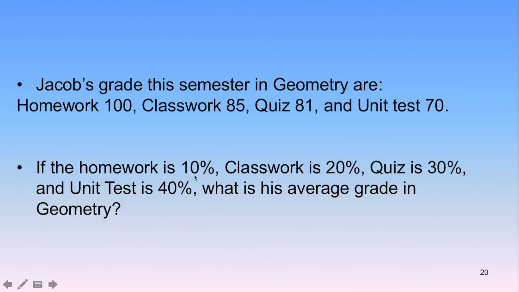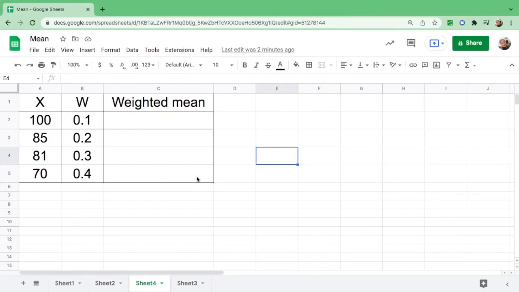First, you have to convert the percent into decimals. So let's find Jacob's grade using Google Sheets. Here you go. 100, 85, 81, and 70 are Jacob's grades, and the weight is 10%, and that's 0.1, 20%, 0.2, 30% or 0.3, and 40% 0.4.